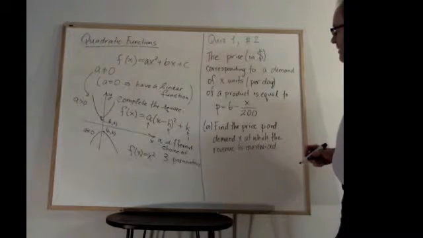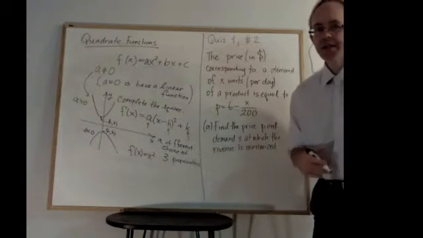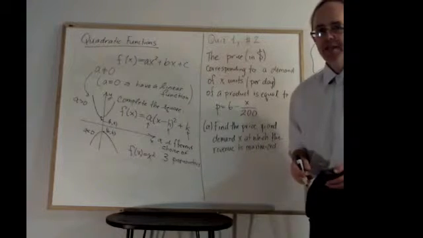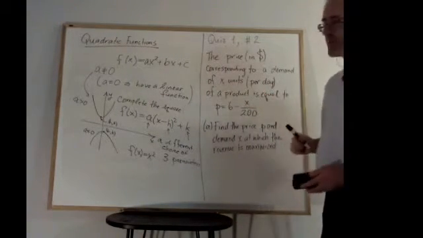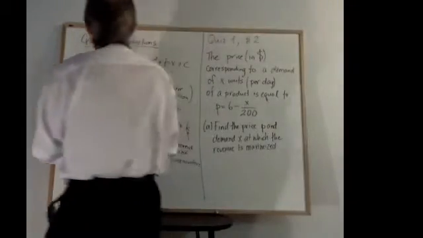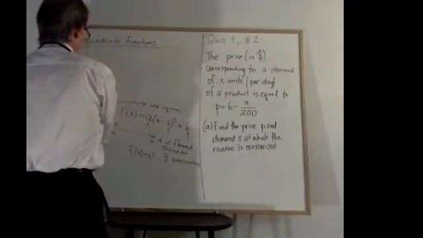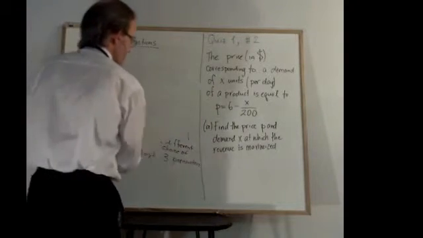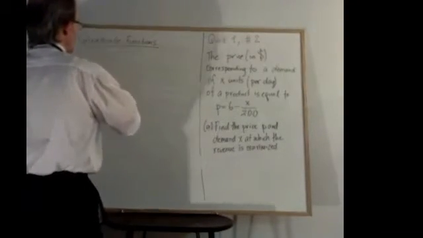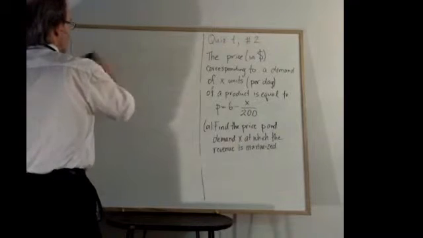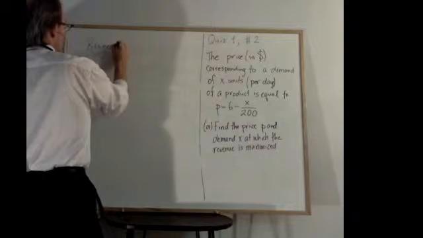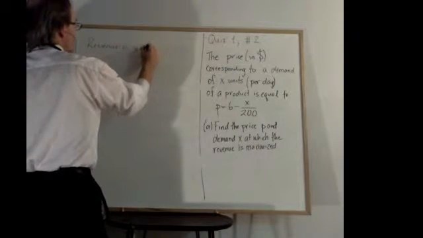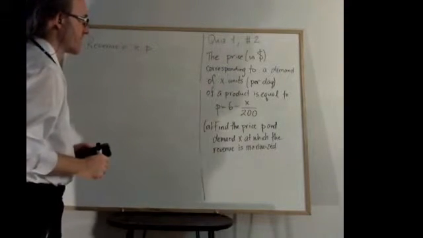Okay. Now the revenue is simply how much money is made per day by the purchase of all the x units. Right? So people will come in, they will buy x units per day, given that price. And the revenue is equal to the demand times the price. Okay.